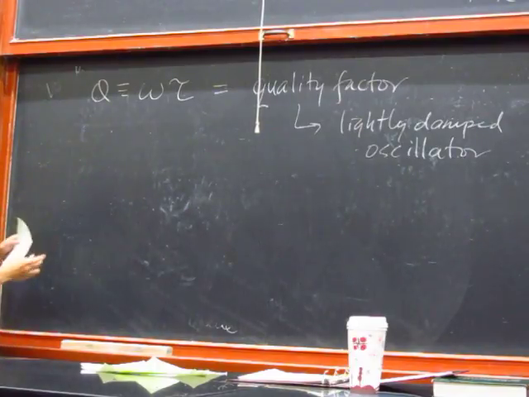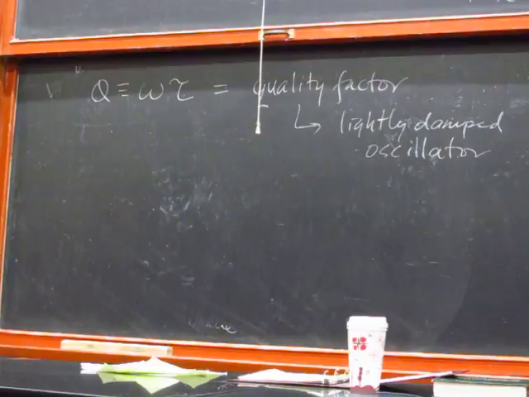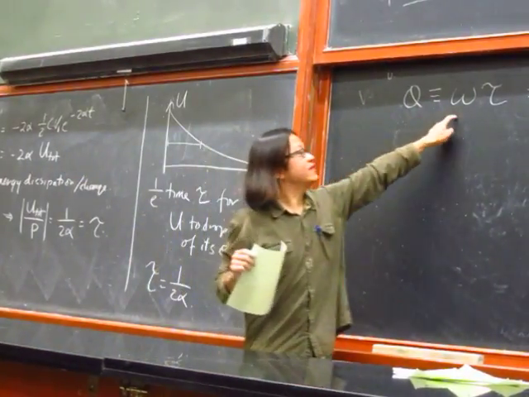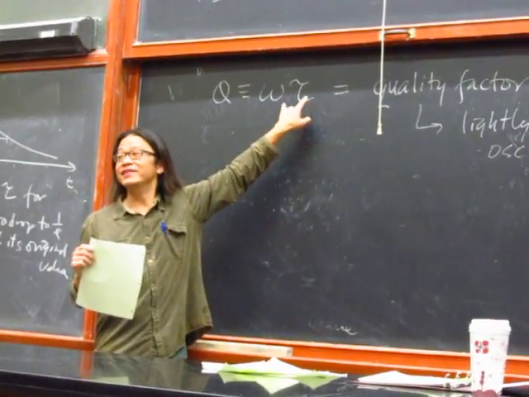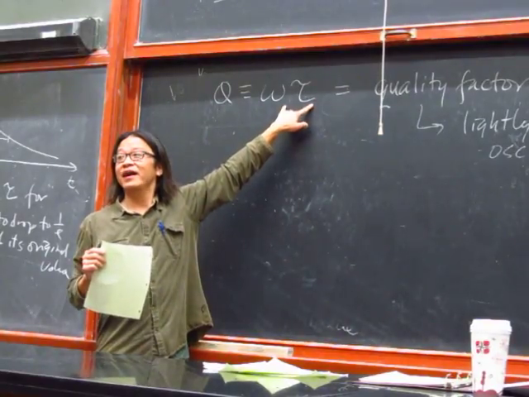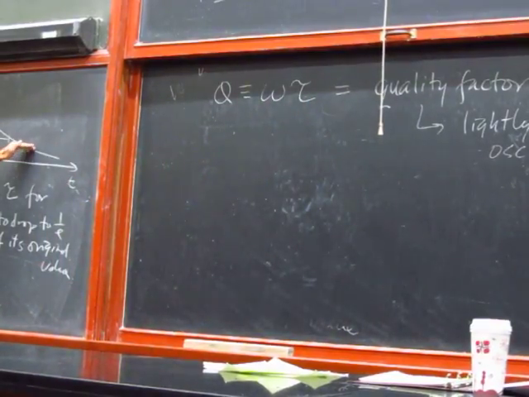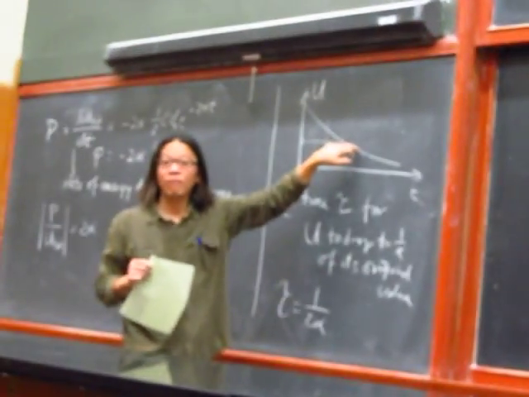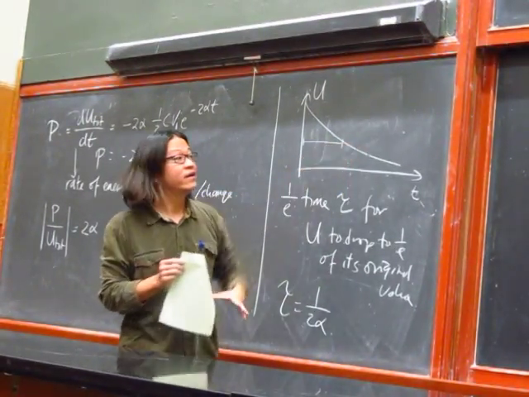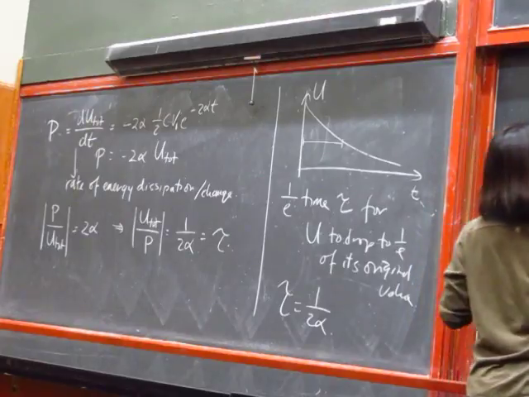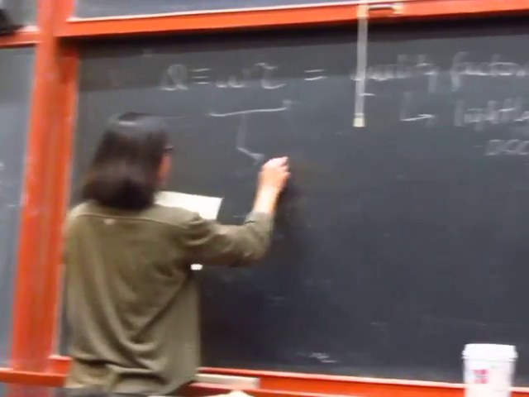You can think of this as the number of oscillations, in units of radians, that it takes for the energy to drop to 1 over e of its original value. Omega is the frequency and tau is the time. This gives me the number of cycles until I reach 1 over e of the energy drop. That's the easiest way to think about this.